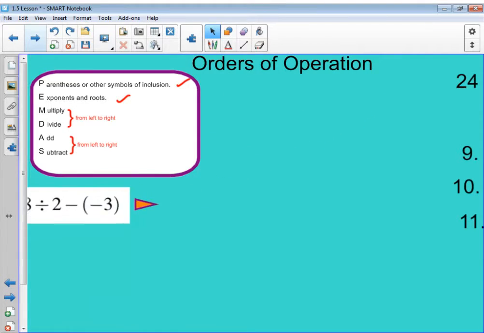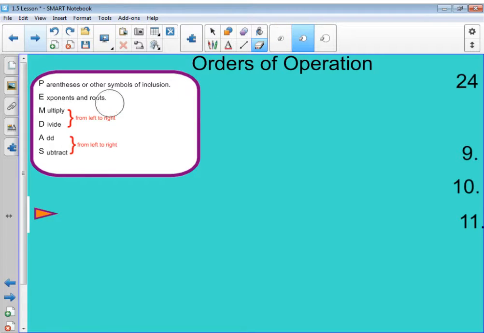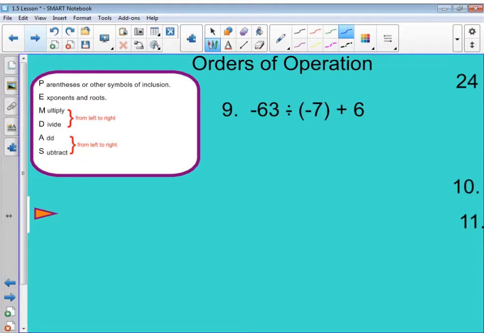Okay. Now these 3 over here, the 9, 10, and 11, are out of your practice journal. So if you want to work these out of your practice journal, you may. Okay, so when we look at number 9, we have -63 divided by -7 plus 6. So checking my orders of operation. There's parentheses, but it's to identify an integer here. There's no roots or exponents, so that's done. Do I have any multiplying or dividing?